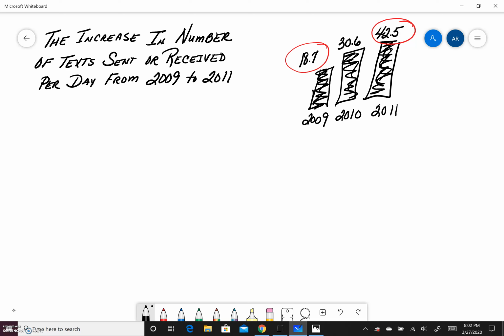It is a subtraction problem, but you must write the 2011 number first and subtract the 2009 number from it. And when you enter that into your calculator, you should have a value of 23.8. Again, this one was 2011, this is 2009. So this would be your answer. This is the number of texts sent or received per day from those 2-year ranges.